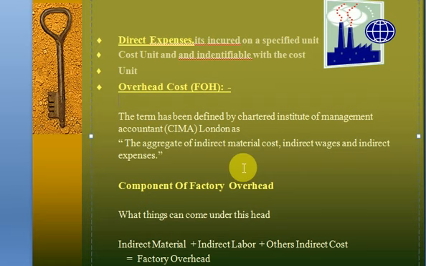So these costs are not directly allocated. It is not possible to properly assign them to the products or finished goods or finished units. That's why they are taken as indirect.